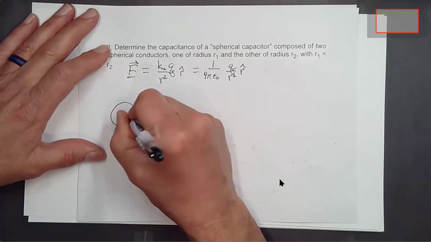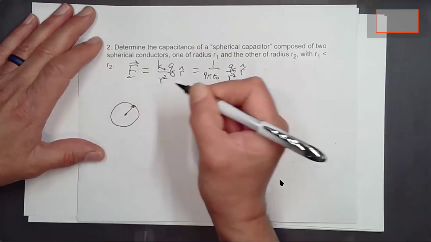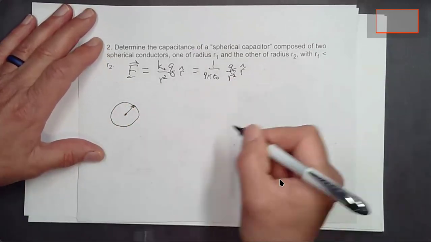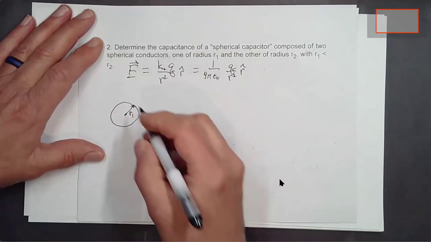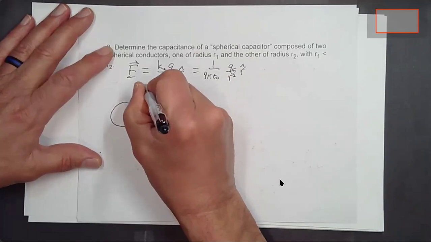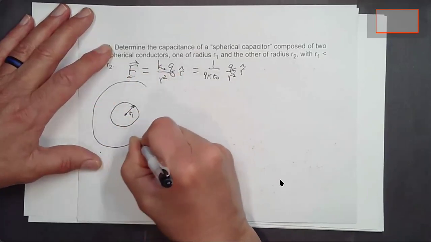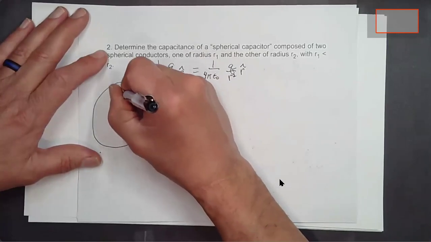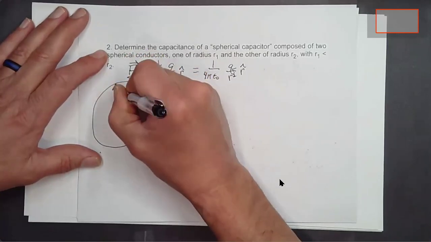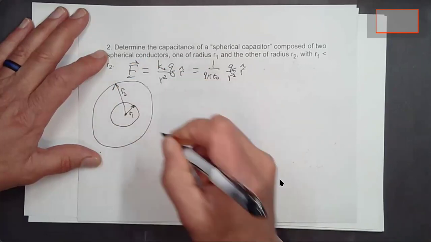This could be the center conductor in this case. And okay, I'm using R1 and R2. So R1 is the radius of the center sphere. And then R2, now remember, this is spheres and not cylinders. This will be R2.